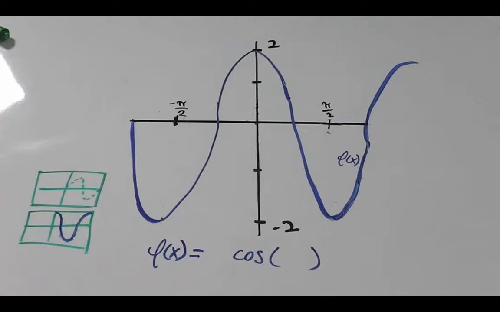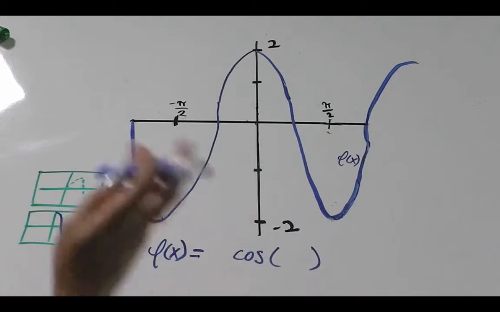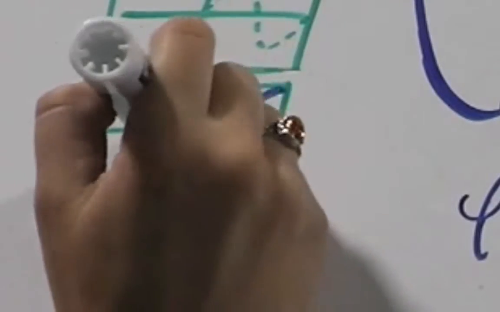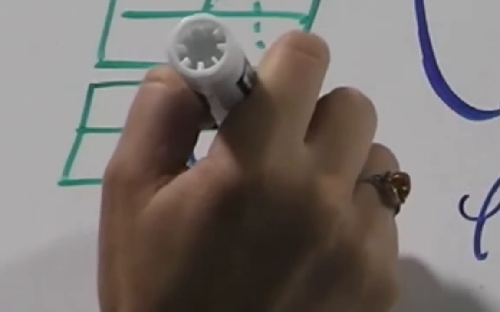The next question we have to ask ourselves is, what kind of special numbers are going into this? And when I say special numbers in this equation, I mean numbers that tell you how tall or how long or how quickly the graph is changing. Well, we've already talked a bit about the period, and in a regular cosine graph, the period is 2 pi.